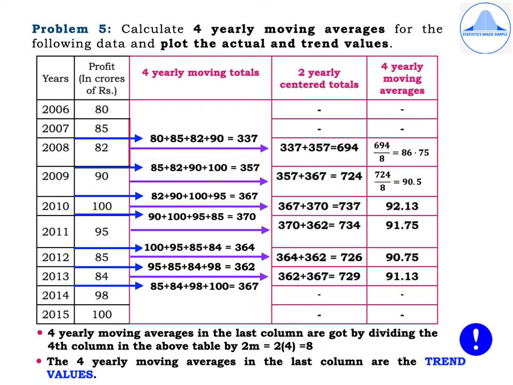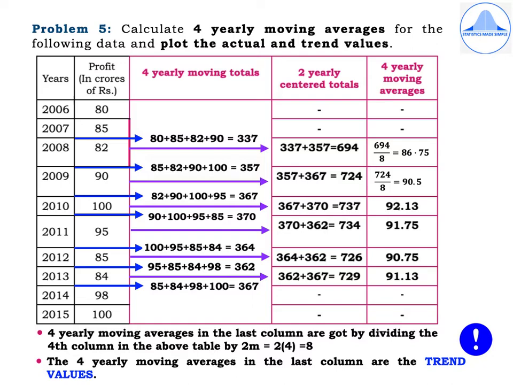Similarly, add the next 2 yearly moving totals, that is 357 and 367, you'll get 724, which should be written corresponding to the year 2009. Continue in a similar manner, and the remaining 2 yearly centered totals are 737, 734, 726, 729.